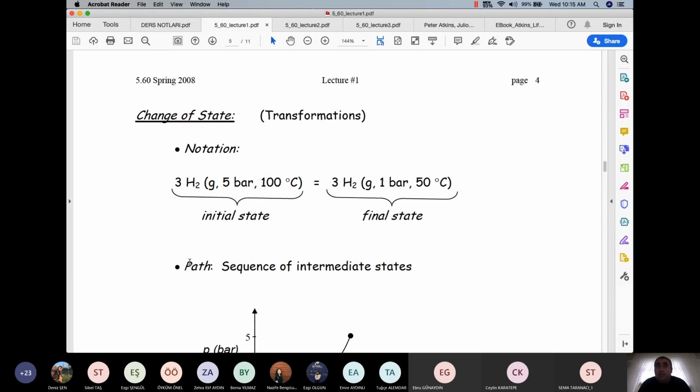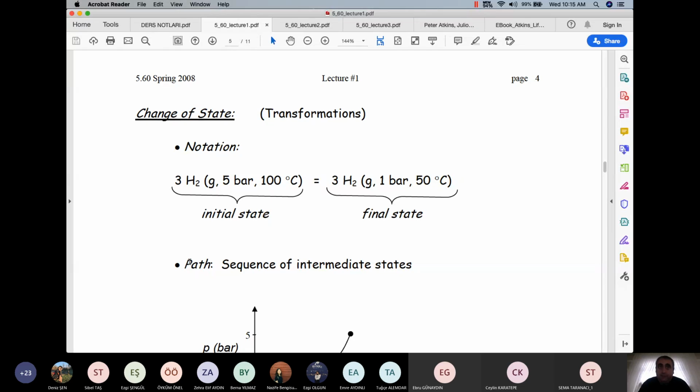There are some variables that care about how you go from initial state to final state, but there are some variables that do not care about how you go from initial to final state. The variables that don't care about the history or how you end up there are called state variables, which we have already defined.